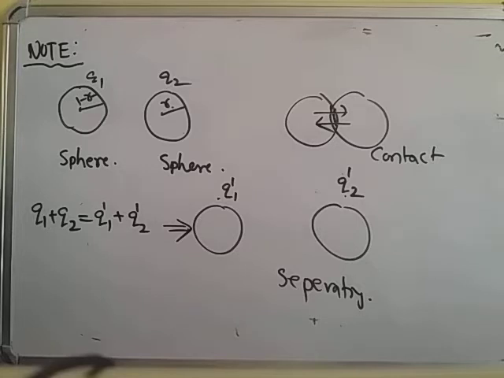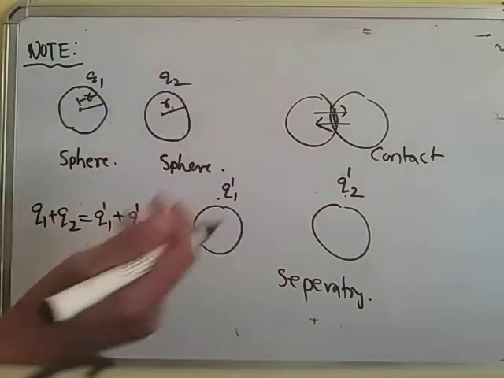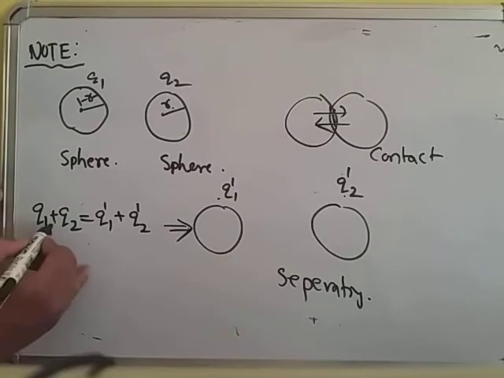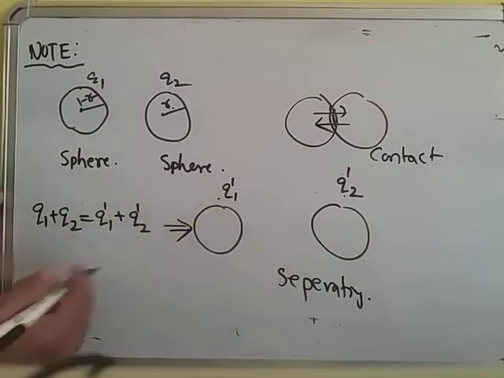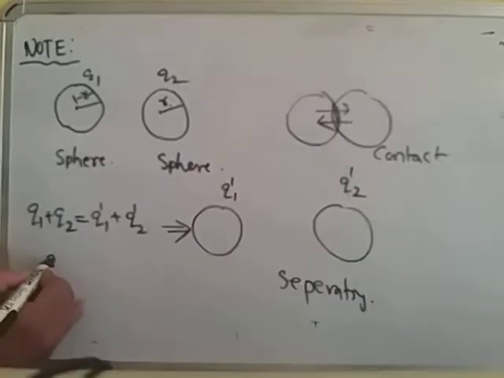It can change from one form to another, it can transfer from one body to another, but it cannot be destroyed or newly produced. That means the total charge of an isolated system remains constant. Since the total charge is equally shared and the spheres are identical, q1 dash is equal to q2 dash.